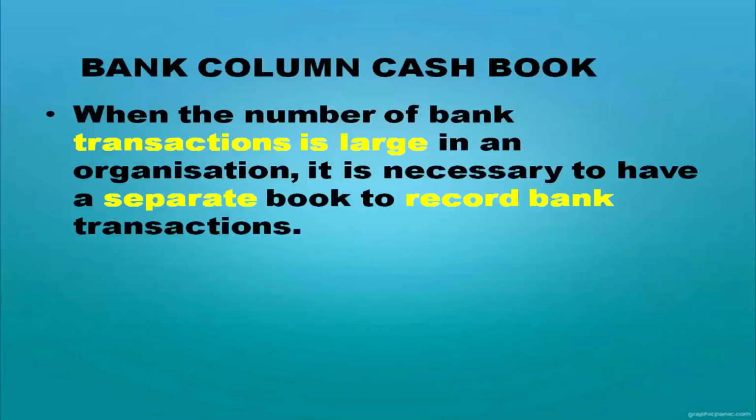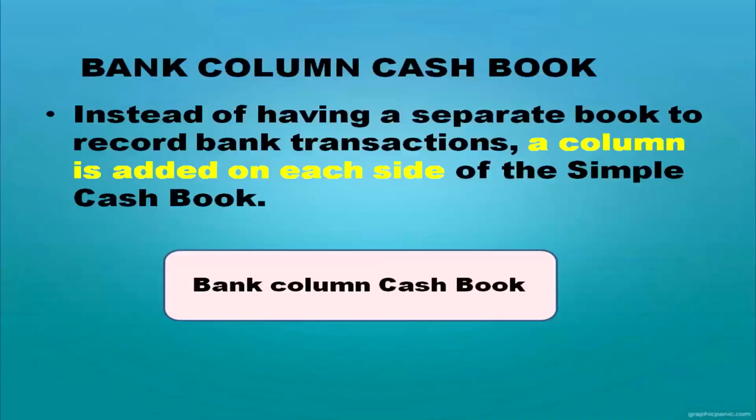Now coming to another type of cash book, that is the bank column cash book. When the number of bank transactions is large in an organization, it is necessary to have a separate book to record bank transactions. Instead of having a separate book to record bank transactions, a column is added on each side of the simple cash book, that is the bank column cash book.